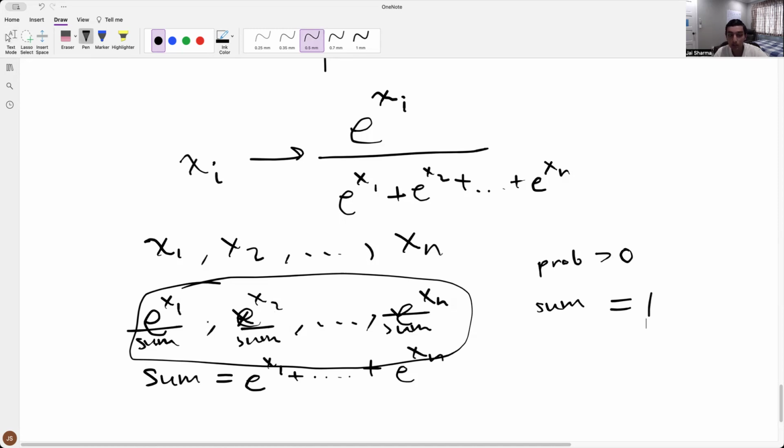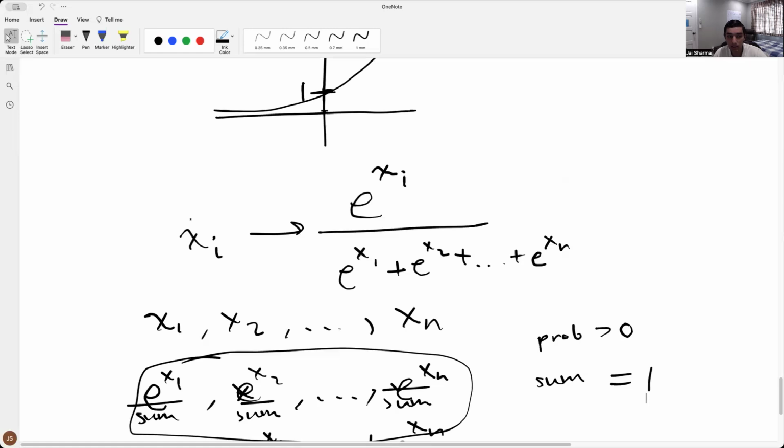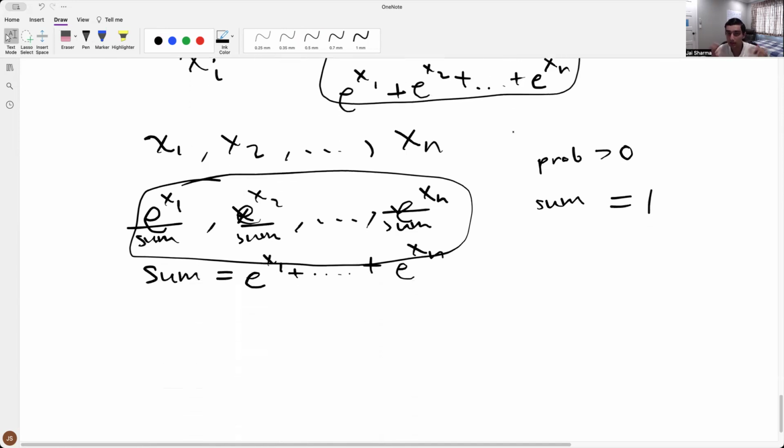If you put these two things together, each xi gets transformed into e to the power of xi divided by the sum of all of the exponential powers. And this is the associated probability for class i, so the probability that the thing you inputted is of class i.